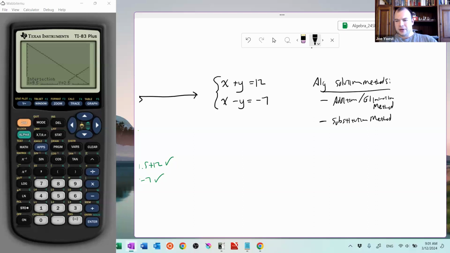And we actually used this method in chapter 3 and just didn't really call it this. So when we see the substitution method, we might realize that we had even used that before and just didn't formally call it that. So the idea of the addition method, let's do that first.